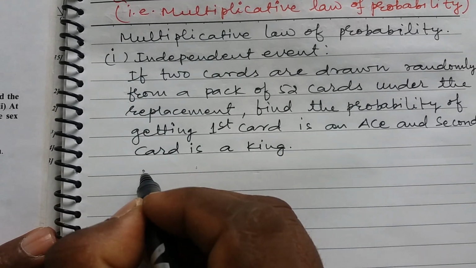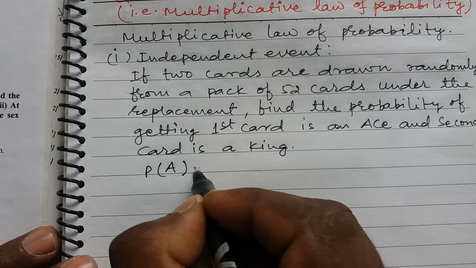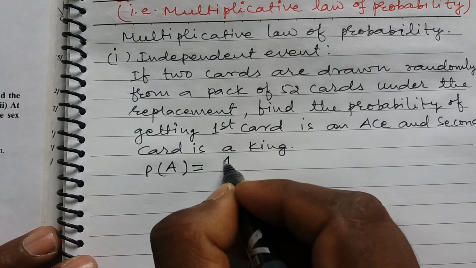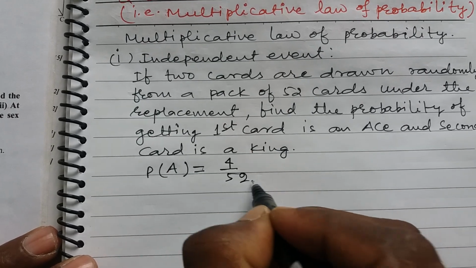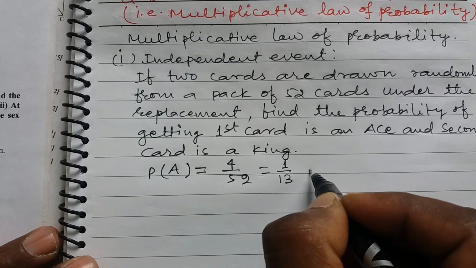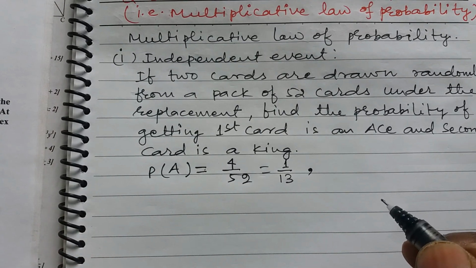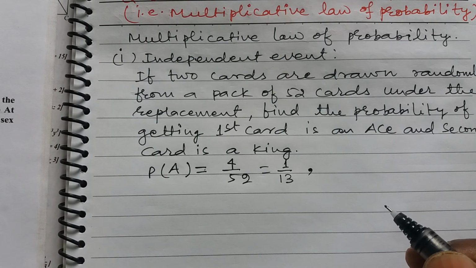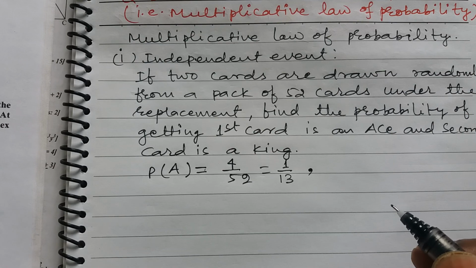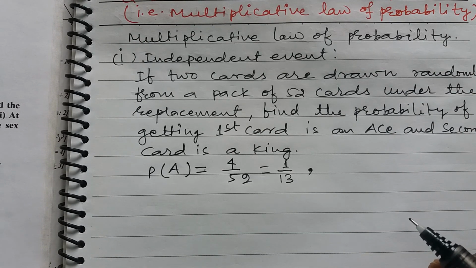At first we write here probability of ace in 52 cards. There are 4 aces, 4 by 52 is equal to 1 by 13. Similarly, the ace card which is taken at first is again kept under the replacement condition, means again kept in the same pack before taking out the second card.